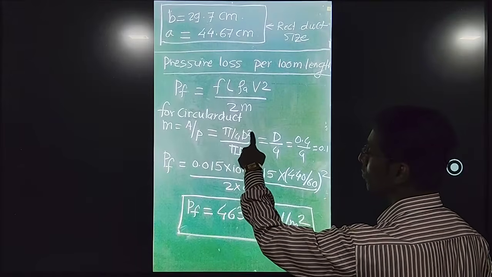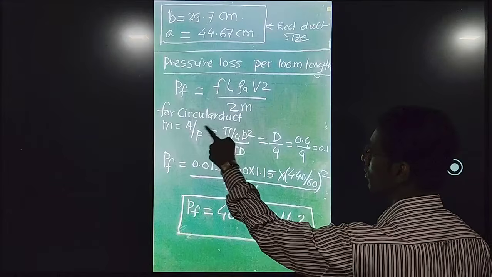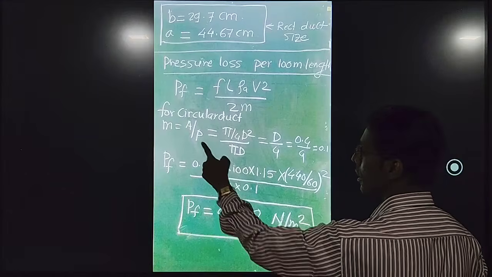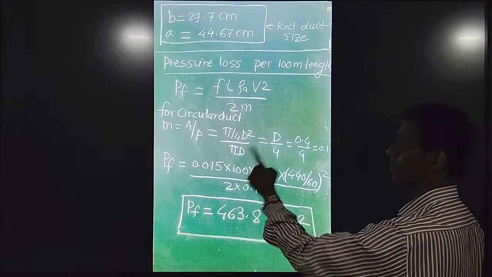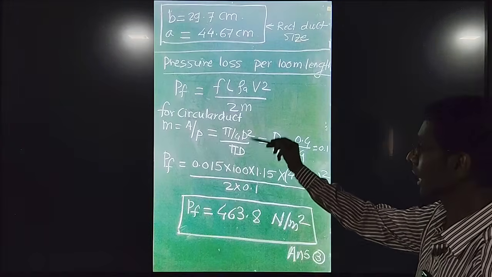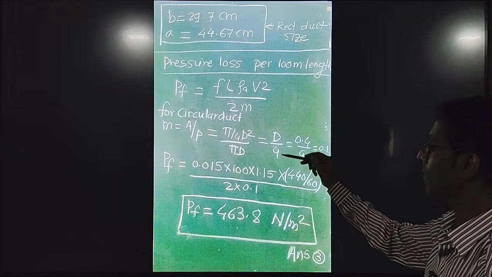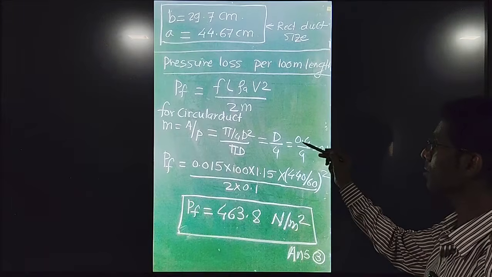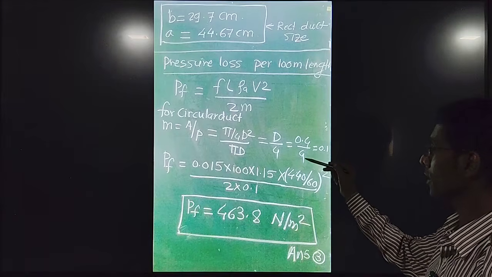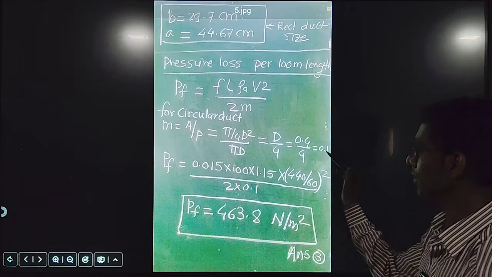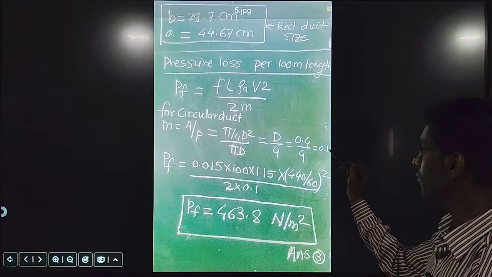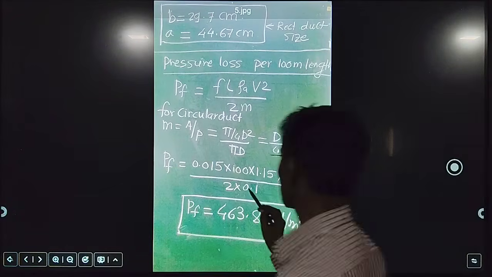Area is pi by 4 into d square, because the given duct is circular, divided by the perimeter for the circle, pi d. By cancellation of terms, we find d by 4. Putting the value of the diameter of the circular duct, 0.4, we find the value of m. Now this value of m we use in the calculation.